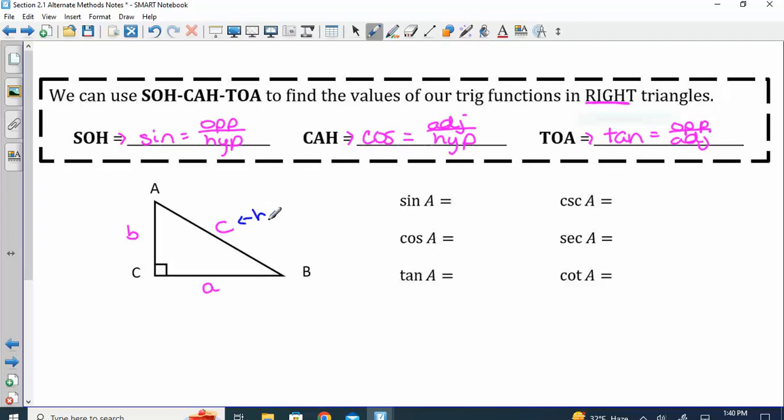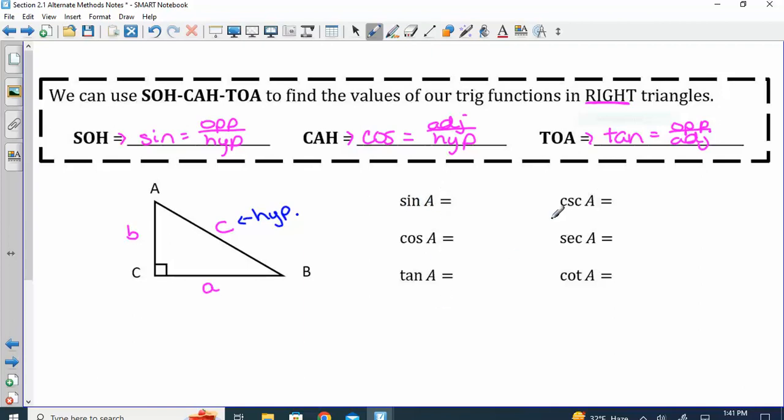That's the hypotenuse. Okay. But the opposite and adjacent are going to depend on which angle I'm viewing from. So that's why it's very, very important that when you write a trig function, you give me an angle.